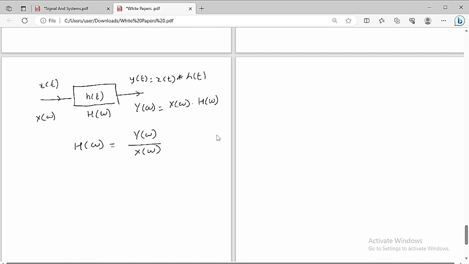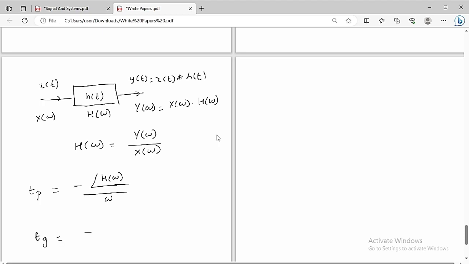And what is the phase delay of the system? The phase delay of the system is equal to minus the phase angle of H of omega by omega. So this is called the phase delay of the system. Then what is the group delay of the system?